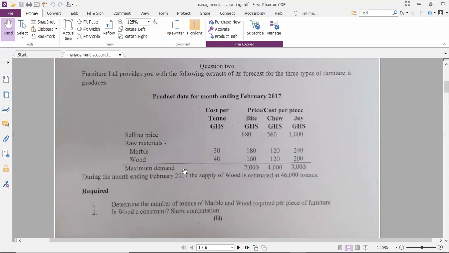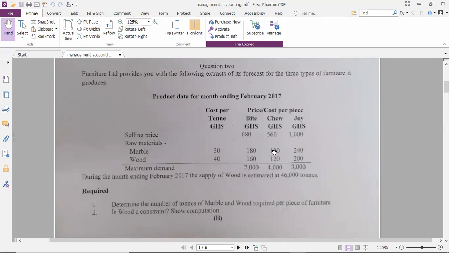Now, when you look at the question, we are being told that the cost per ton for marble is 30 Ghana cedis. The cost per ton for wood is 40 Ghana cedis. For marble, we spend 180 Ghana cedis to produce a bite.